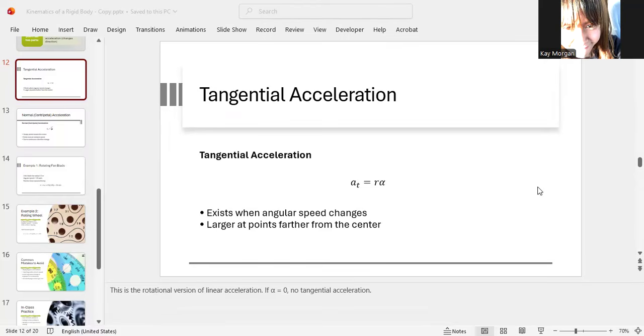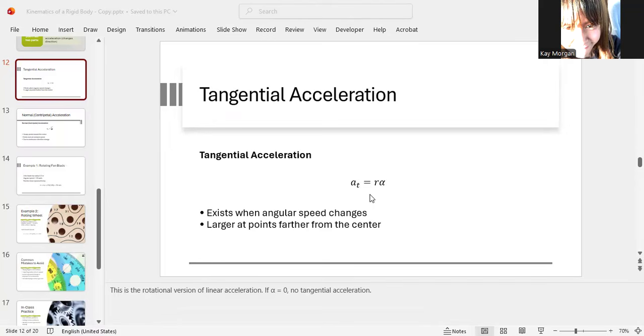The relationship between the tangential acceleration and the angular acceleration is usually written this way: a sub T equals r times alpha. So pay attention to which one is angular and which one is the regular one.